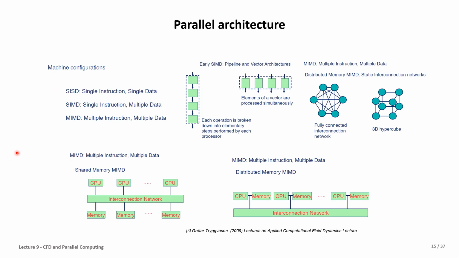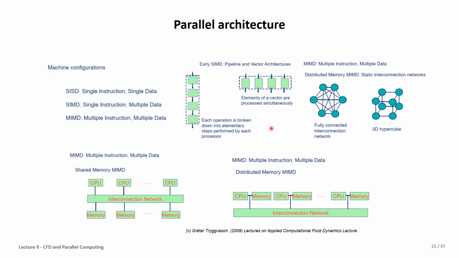Regarding parallel computing, this is just a recap of the configurations you had in the previous lectures of this course. We have the SISD, SIMD, and MIMD configurations, which have a specific pipeline. This is the pipeline for SIMD.